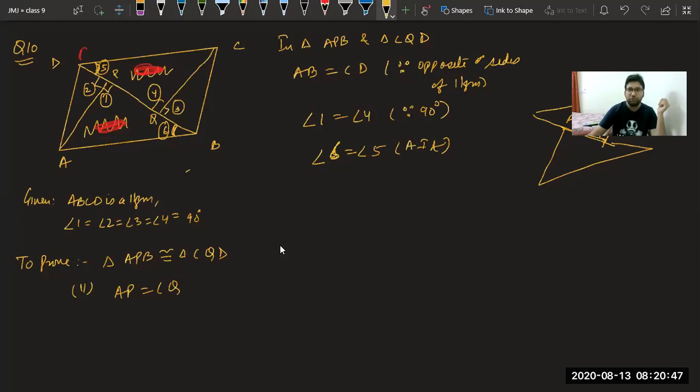Again I'm repeating, we have proved this side equal to this side, this angle equal to this angle, and this angle is equal to this angle. So by the angle-angle-side rule we have proved both the triangles congruent. So triangle APB is congruent to triangle, which one?